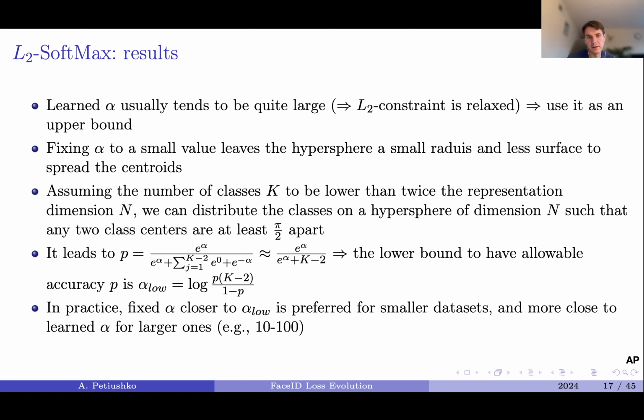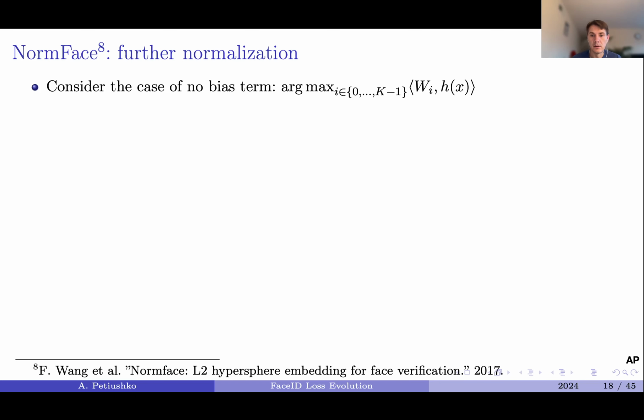In practice, a fixed alpha closer to alpha low is preferred for small data sets, but for larger data sets it's closer to the learned alpha. Okay, it was very simple. We just normalized the representation.